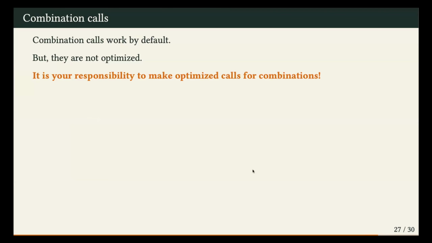If you have a calculator that supports doing them in one call, then you have to write the command by yourself. Otherwise, it's not optimized. So it is just up to you. But I advise you to write the combination call if it's reasonable for your calculator, because it makes the molecular dynamics faster.